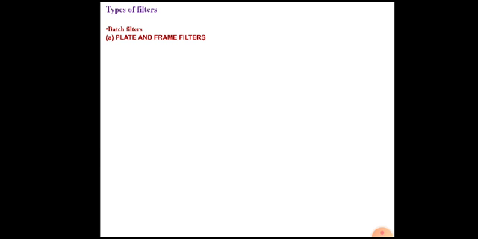Let us understand what batch filters are. The first category of batch filters is plate and frame filters. This is a type of pressure filter. It consists of plates and frames. These are the two things which make up the plate and frame filter.